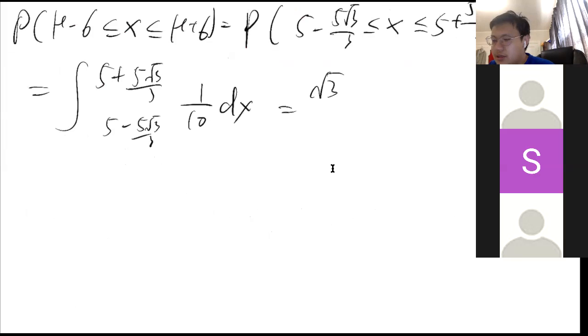And lastly you will get the result. It is square root of 3 over 3. Okay, so that's the end for our problem 5.